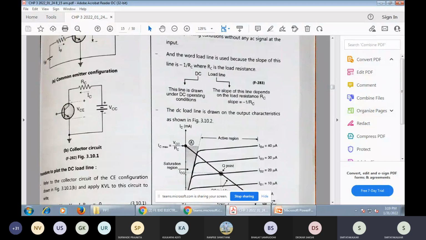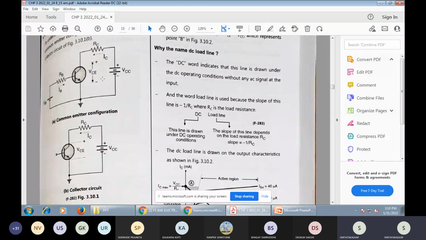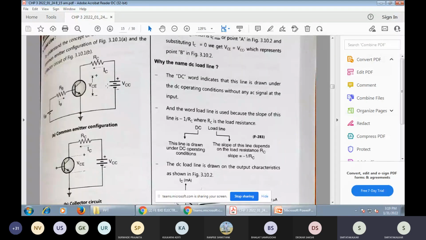Here the collector terminal is connected to the N region, and the emitter terminal is also connected to the N region. That's why the maximum electrons flow on the output side. That's why you can apply the CE configuration in reverse bias. Why? Because the VCE part of the transistor is off in reverse bias.